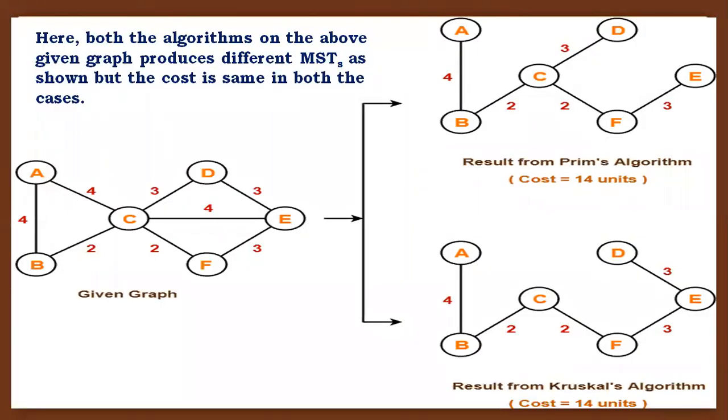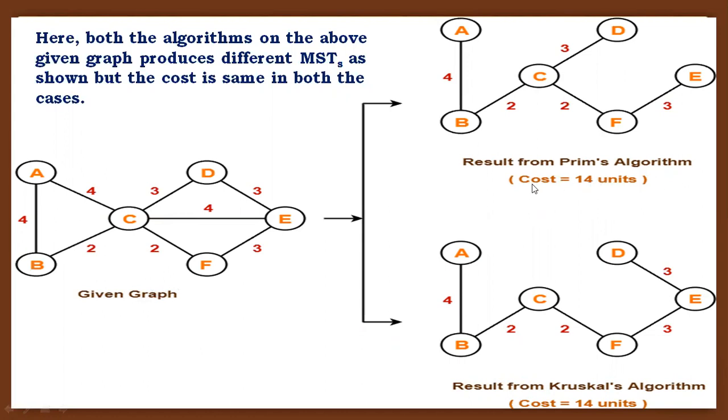So here there is a well-defined example. This example clearly describes that even if you apply both Prim's algorithm and Kruskal's algorithm to the given graph, you will get the same result.